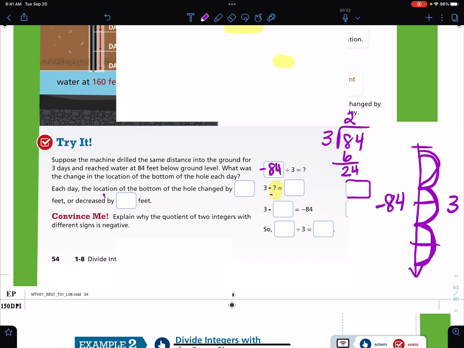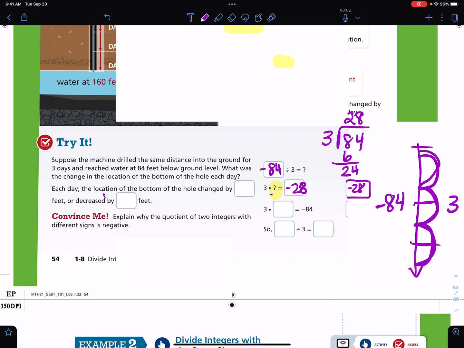So 24 divided by 3 is 8. So therefore it comes out even. The key is remembering that you need to put that negative. So negative 28. No, 3 times, making sure that I'm right.